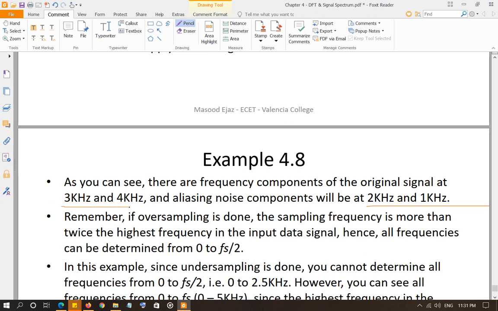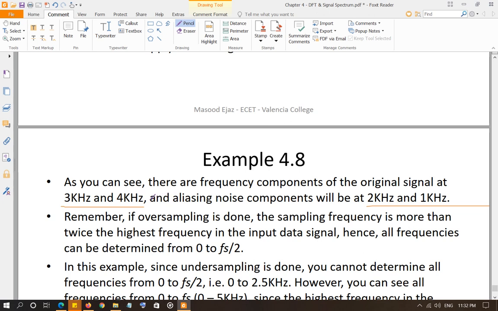Now, if the signal is sampled with a frequency more than the Nyquist rate, that is, if it is oversampled, then all the frequencies in the signal will be less than or equal to Fs by 2. If it is critically sampled, it can go up to Fs by 2. Why?